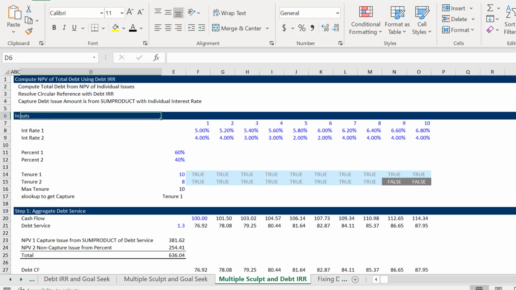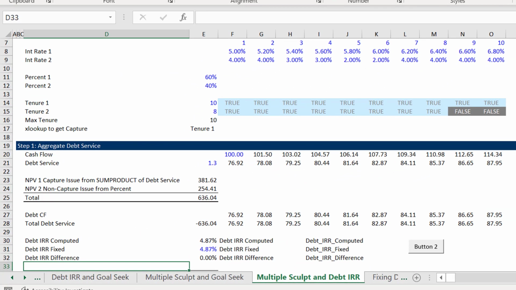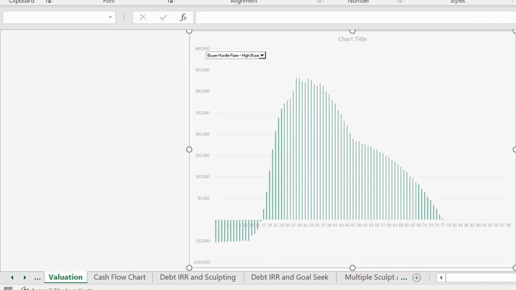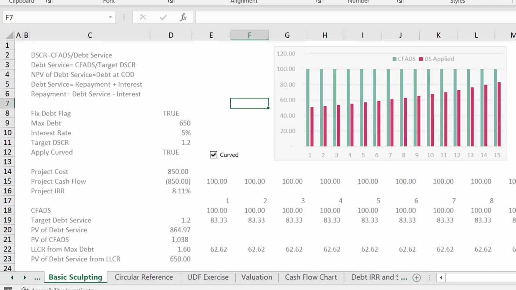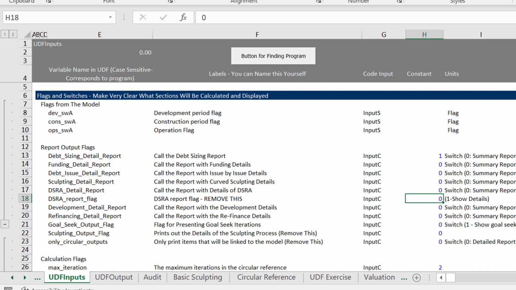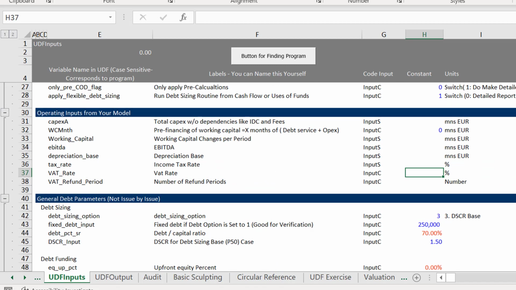And then I'm going to show you the method that I use or suggest with using debt IRR and how you can set the model up. Now, the reason I'm doing all of this is I'm in the middle of really trying, in a very serious way, to come up with a technique where you have an extremely flexible user-defined function.